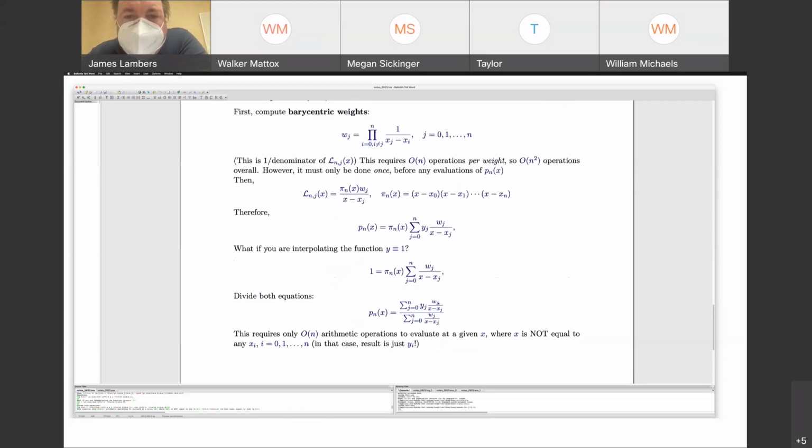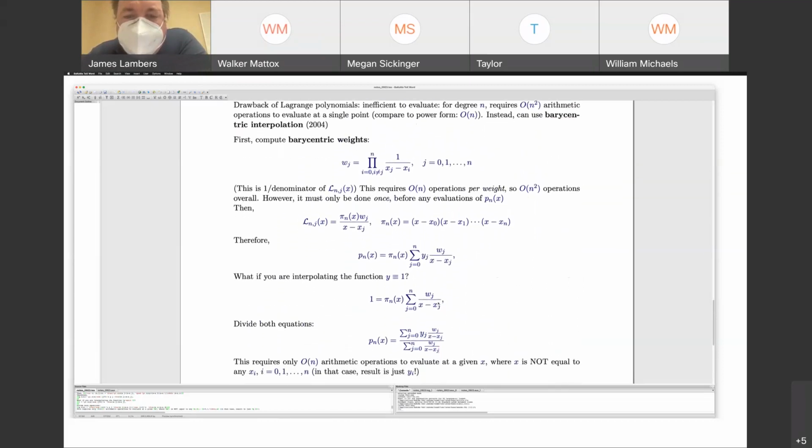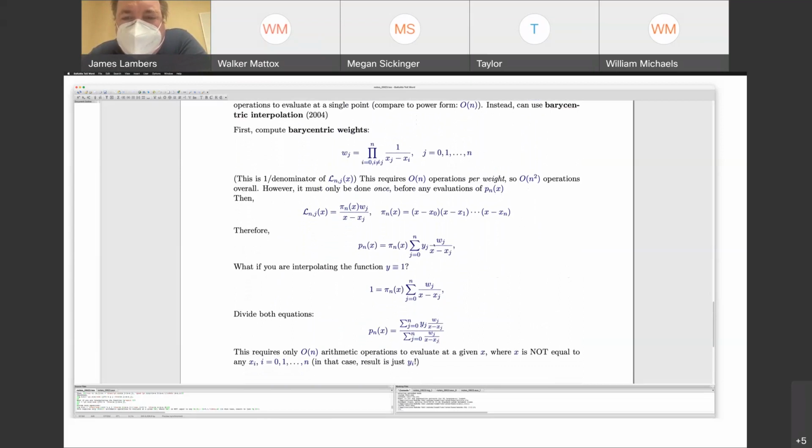Okay. So I want to point out again, this is important to emphasize. The reason why this works so well is that the Lagrange polynomial was rewritten in a form where a large portion of it could be factored out of a summation. And then having written out p n of x this way and then writing out 1 this way, enabling us to cancel these factors that are expensive to evaluate, led to this simplification.